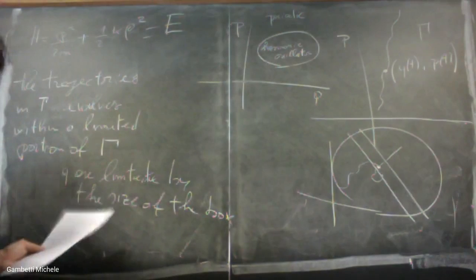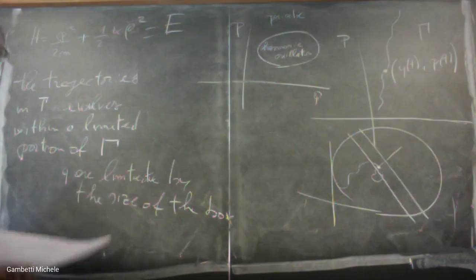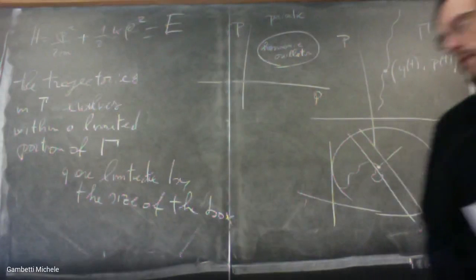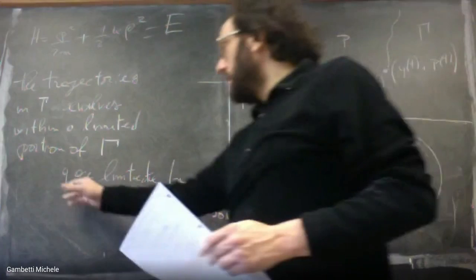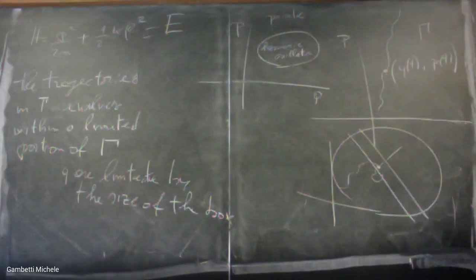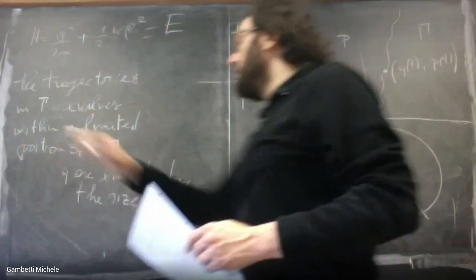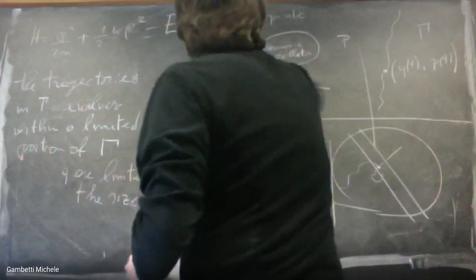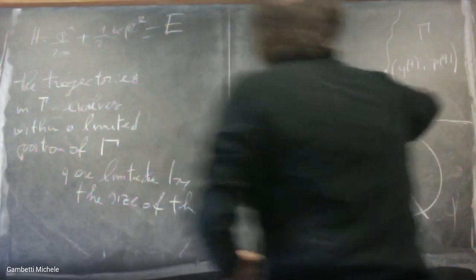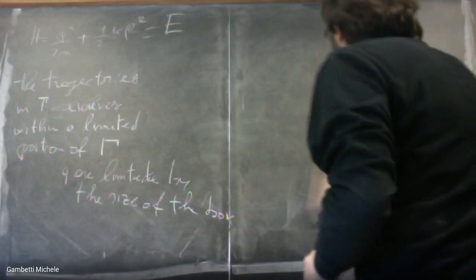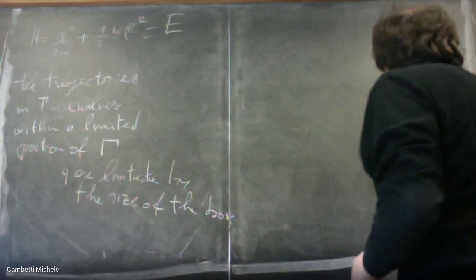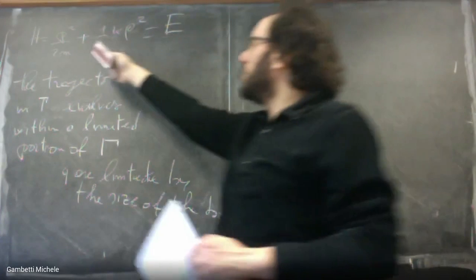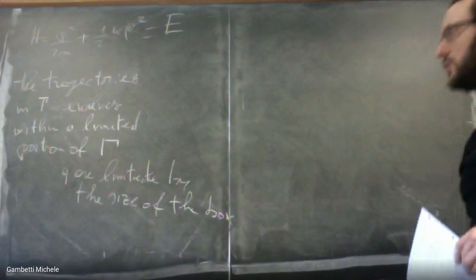Think about Cartesian coordinates. I have a maximum and a minimum size that is limiting my possible values of q. And similarly for the momenta, I cannot have an infinite momentum of the particle, because otherwise I would violate the constraint that the Hamiltonian provides the total energy.